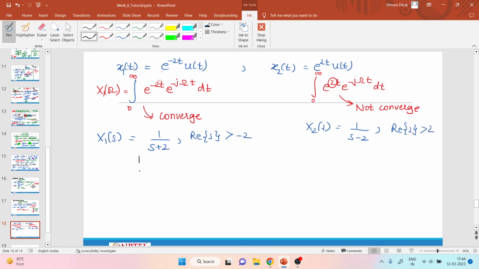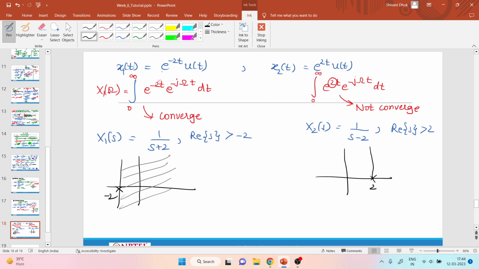If we look at the region of convergence, here I have a pole at minus 2, and the region of convergence is like this. Similarly, for this signal I have a pole at 2, and my region of convergence is this side.